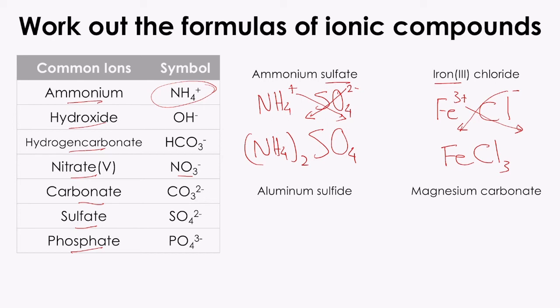Aluminium sulfide. Aluminium is Al. It's in group 13, so it has to be 3+. And we have sulfide. What is sulfide? Sulfide is S. When it ends by ide, it means that it is the ion from the element. So we have here S2 negative.